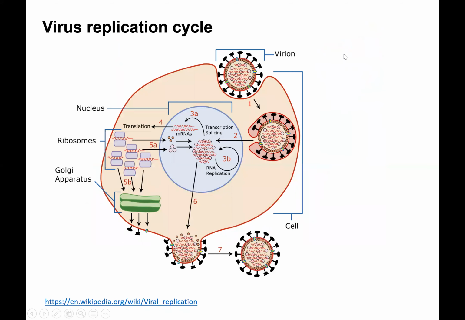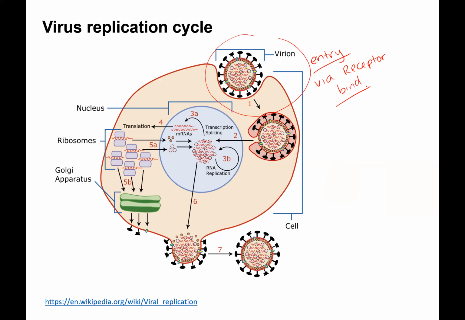So just to remind you of the virus replication cycle, this first part is showing you entry, and that's via receptor binding. So this is where I mentioned the cell has to be susceptible to the virus. So it has to have the receptor to even start initial infection.